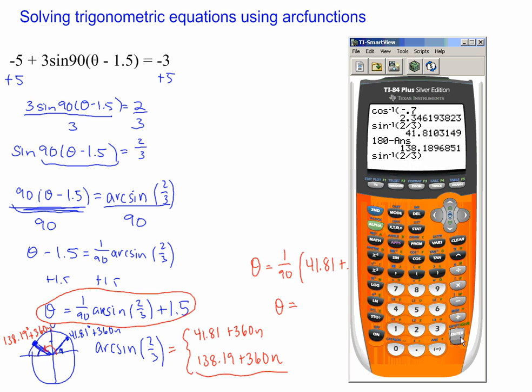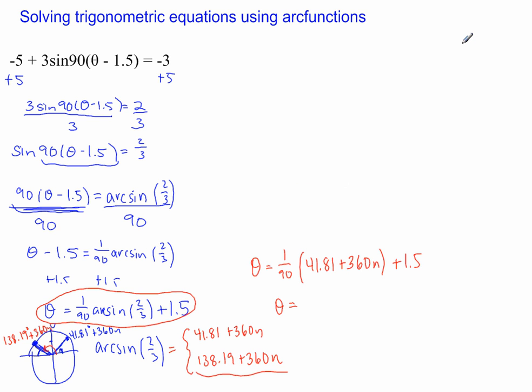Divided by 90 is 0.46456. And now I have to distribute this 1/90 to the 360 as well, so it goes to both of those. 360 divided by 90 is 4n, plus 1.5.